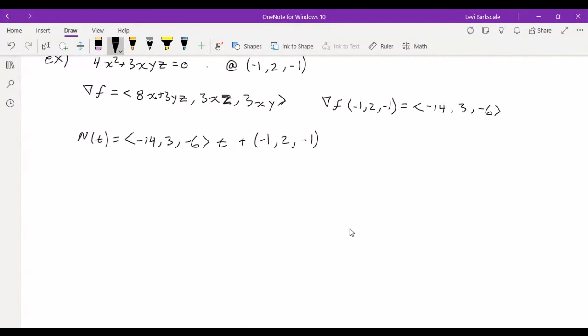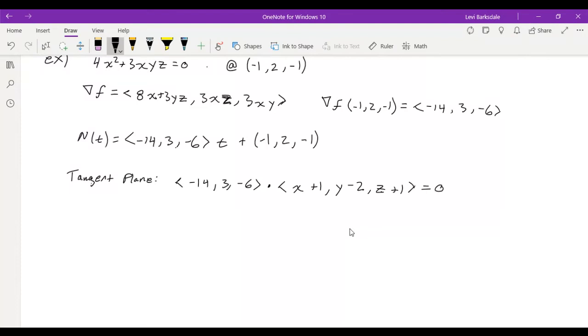We can also use this normal vector to define a tangent plane. If you recall, to define our tangent plane, we simply take our normal vector, (-14, 3, -6), and take the dot product with (x plus 1, y minus 2, z plus 1).